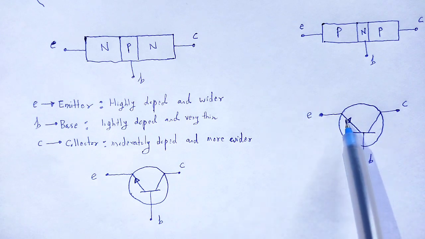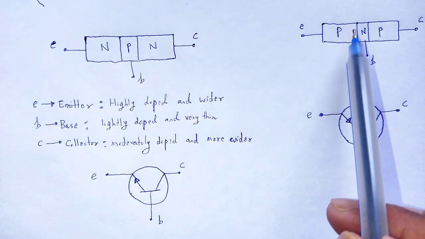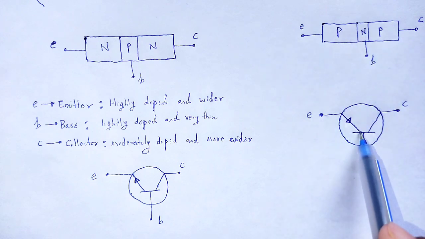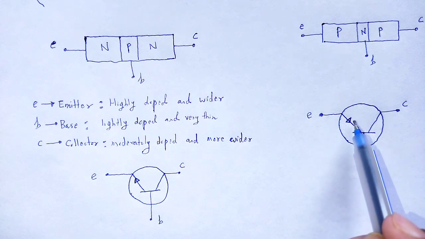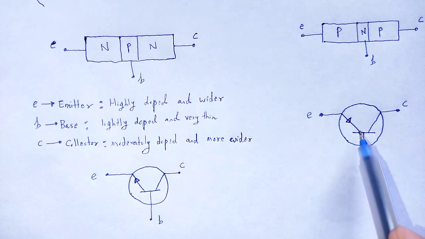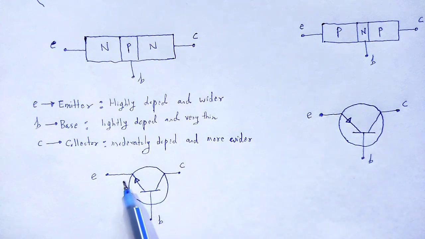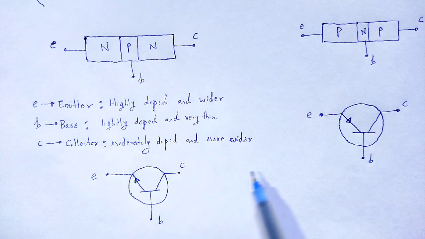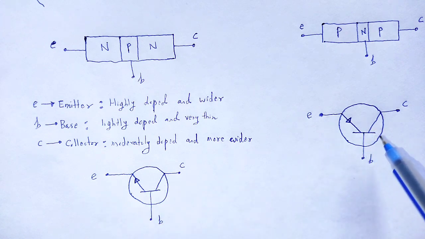Similarly, that arrowhead represents P to N flow of current. Here N, P, so P to N is the direction of current. Here is an NPN transistor, that one is a PNP transistor.